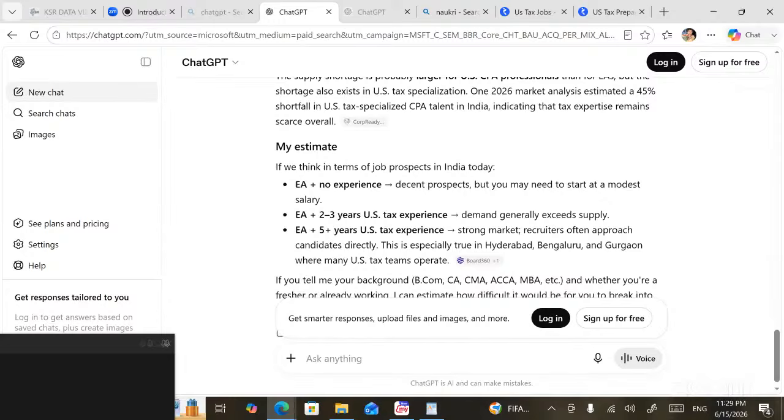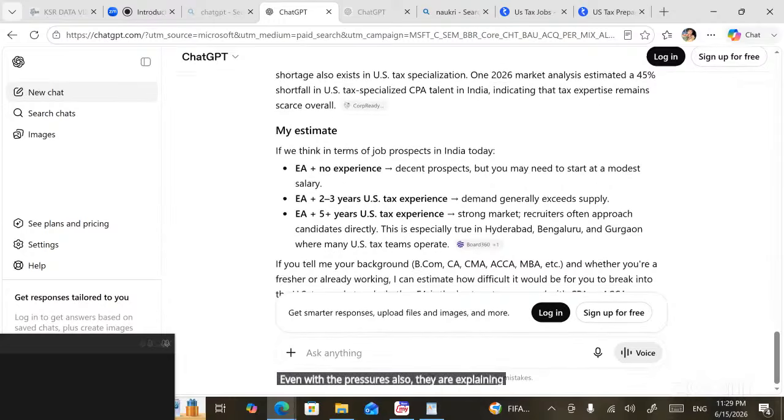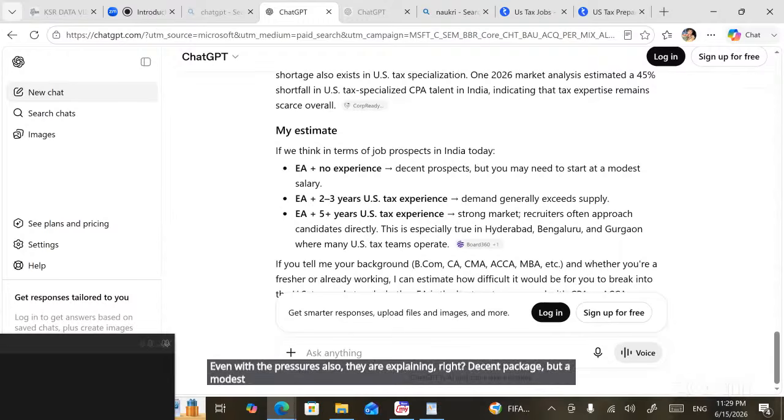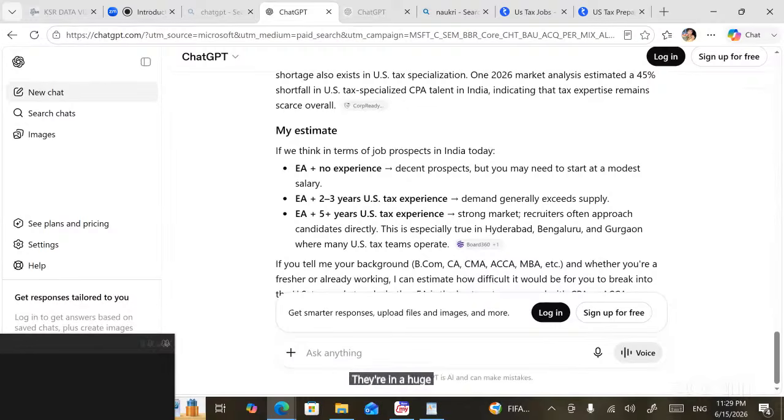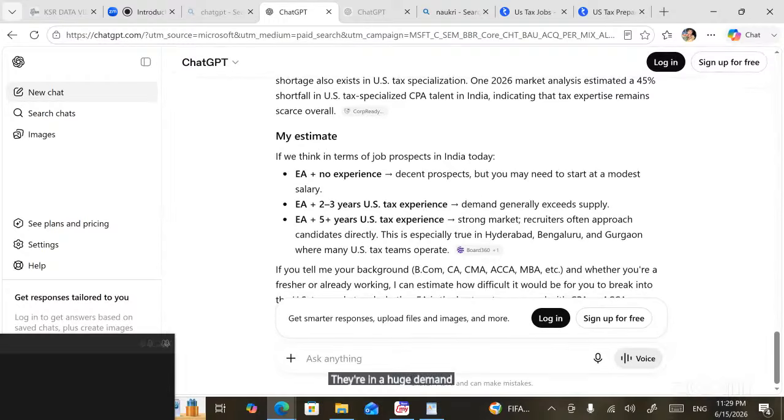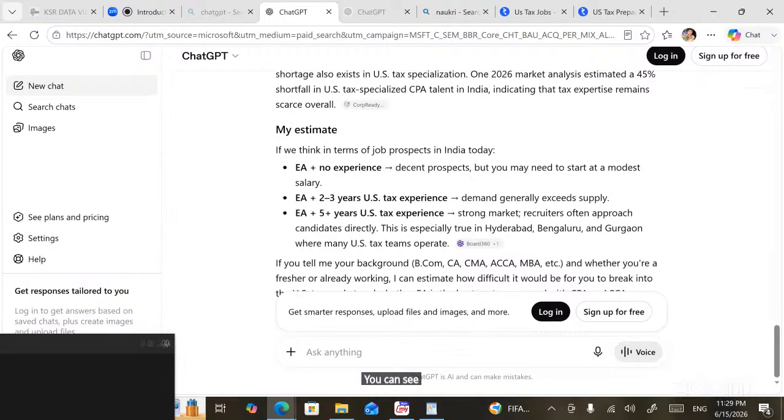Even with the freshers, they are offering a decent package but a modest salary will be less. Those holding 2 years plus experience, there is a huge demand. You can see this thing.